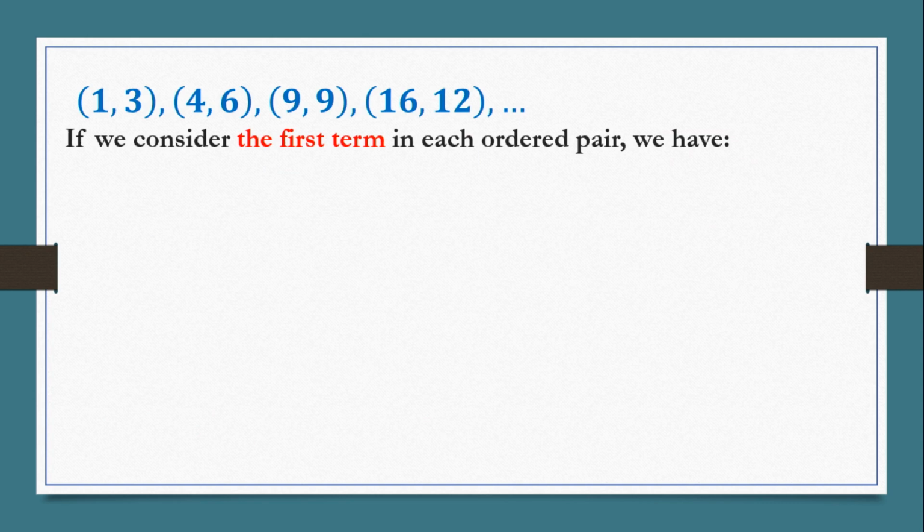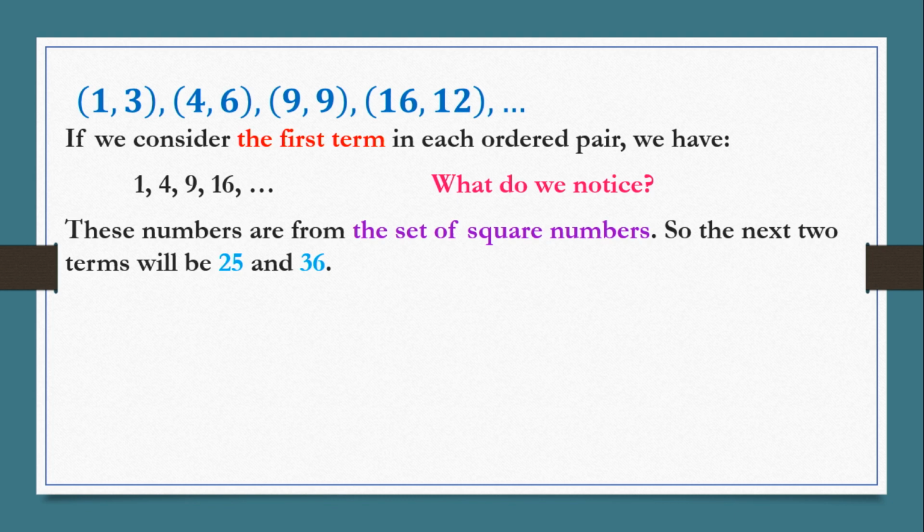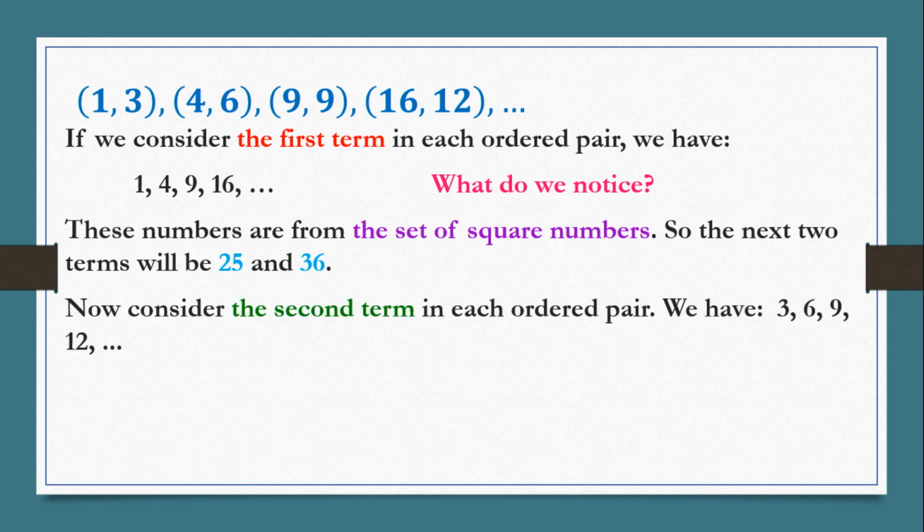If we consider the first term in each ordered pair, we have 1, 4, 9, 16. You will remember that these are square numbers. So the next two terms will be 25 and 36. Now consider the second term in each ordered pair.